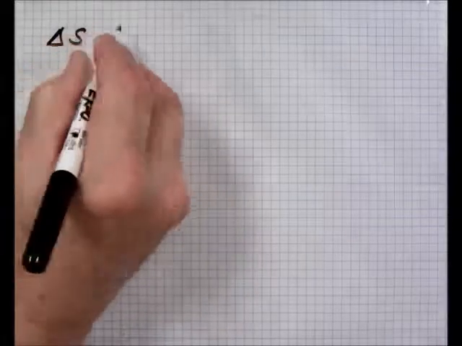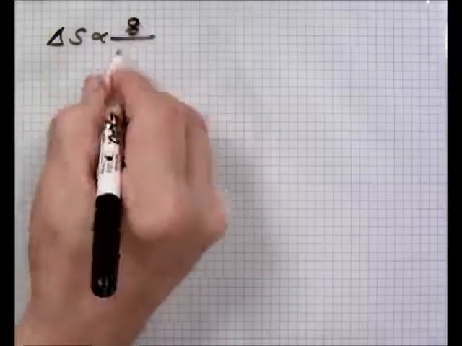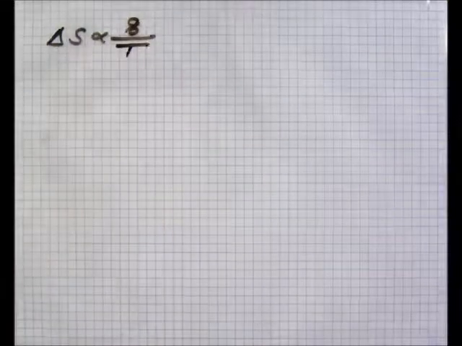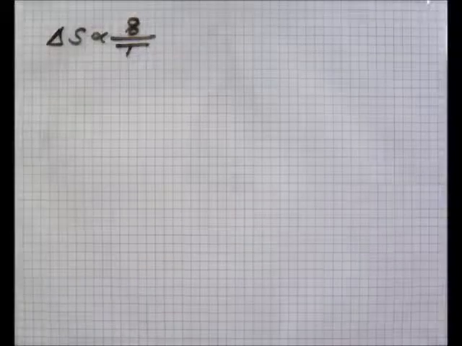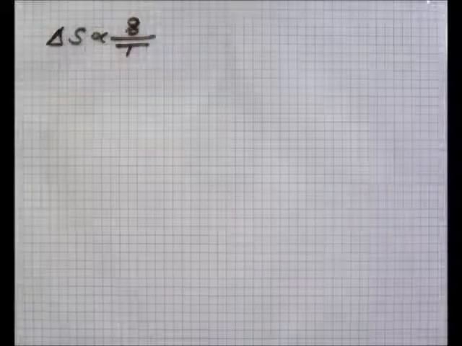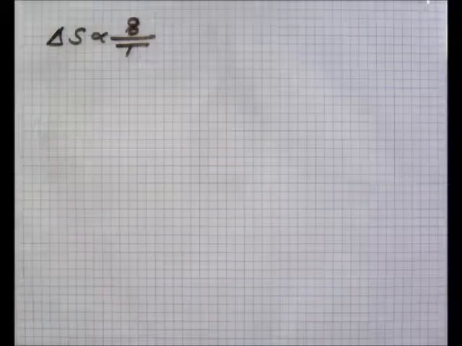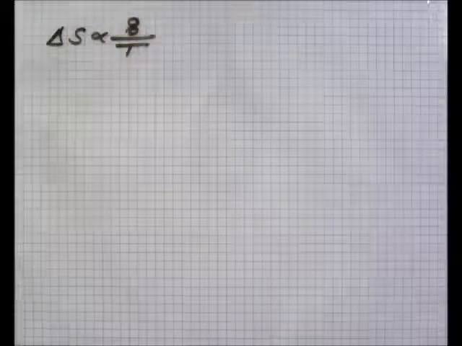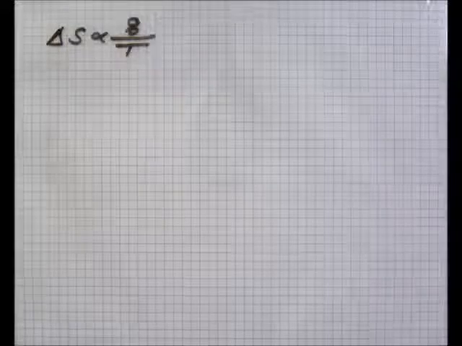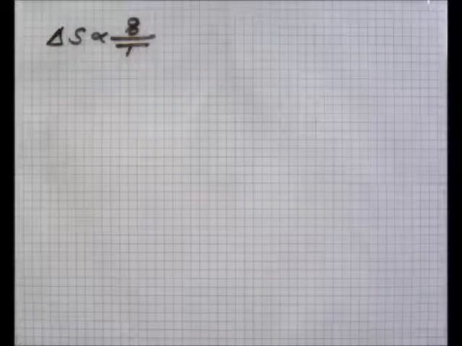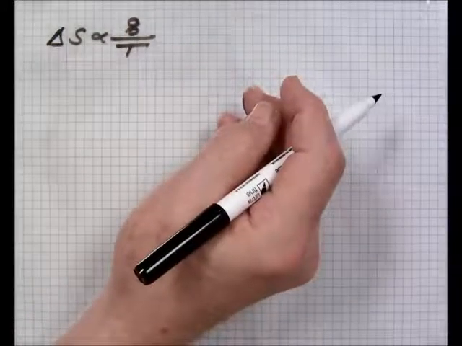So delta S is directly proportional to Q, and inversely proportional to the positional temperature at which you are considering your reaction. So that's the entropy equation. In application of the entropy equation, you have both the first law and the second law involved in this expression. Q up here is your enthalpy, which is your heat of reaction.